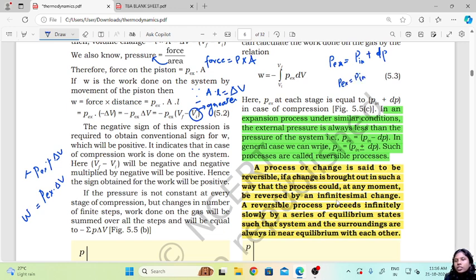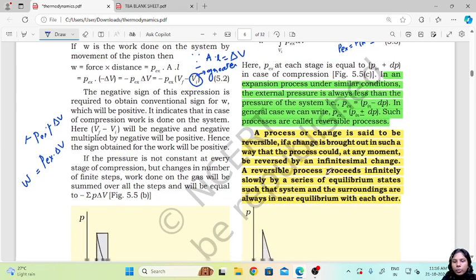Because initially the pressure outside was greater than the pressure inside, so we reduced the inside pressure to match the external pressure. Now if both of the pressures are varying, then P external equals P internal with a difference of plus or minus dP, that is a very slight change in pressure. Such processes are called reversible processes.